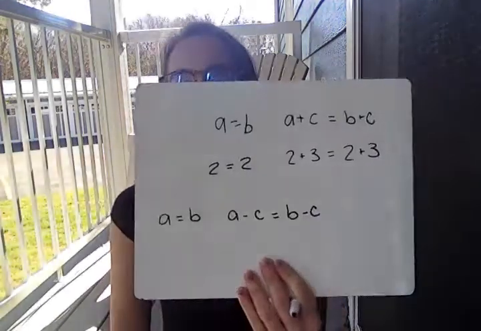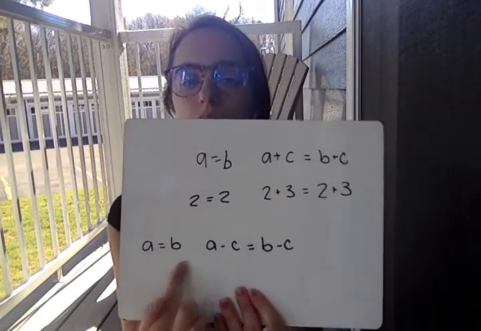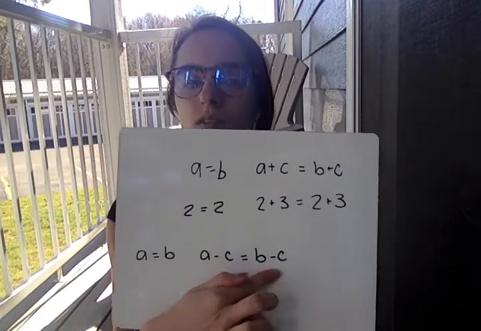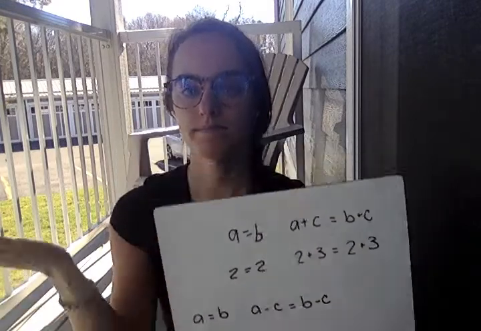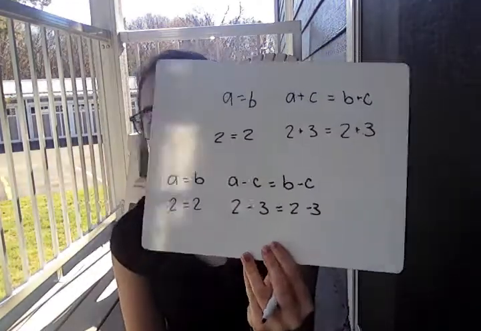It says that if A equals B, then A minus C equals B minus C. So if I said again that 2 equals 2, then I could say that 2 minus 3 is equal to 2 minus 3.